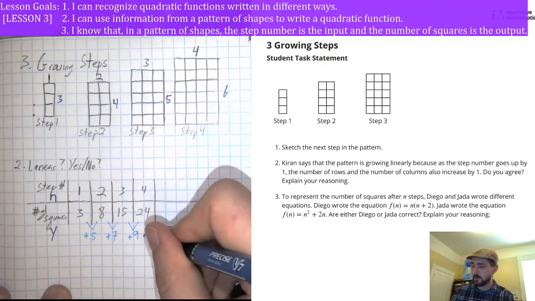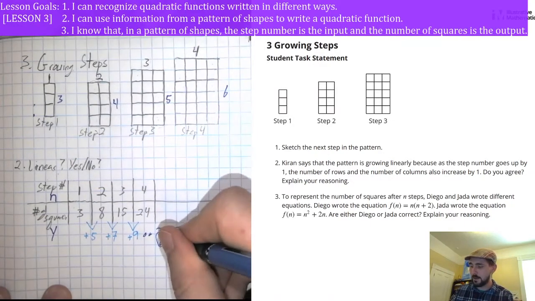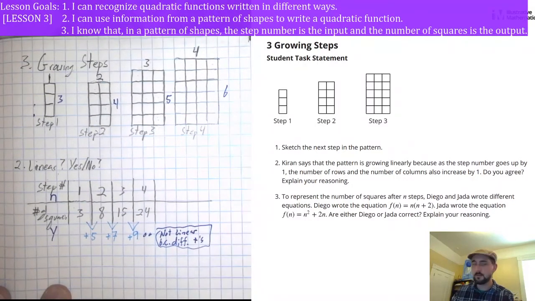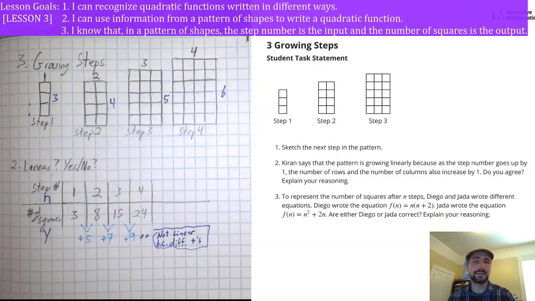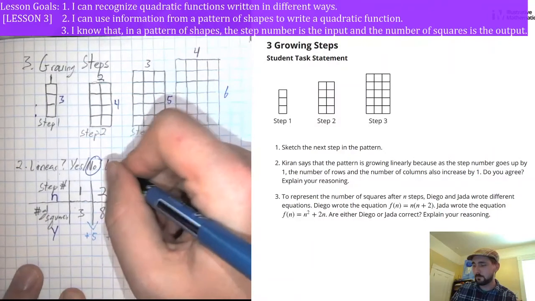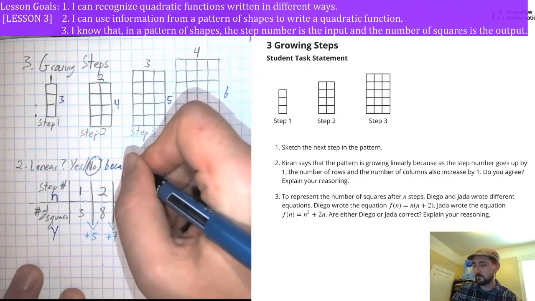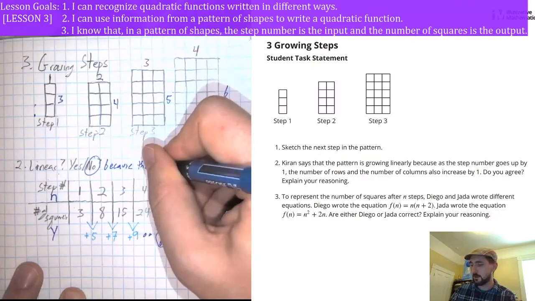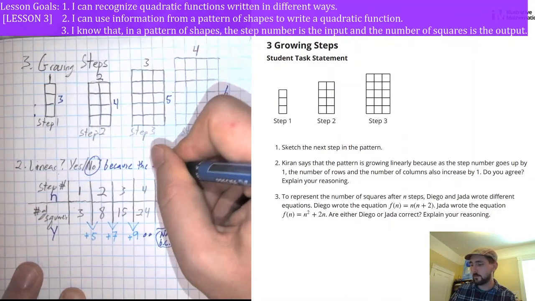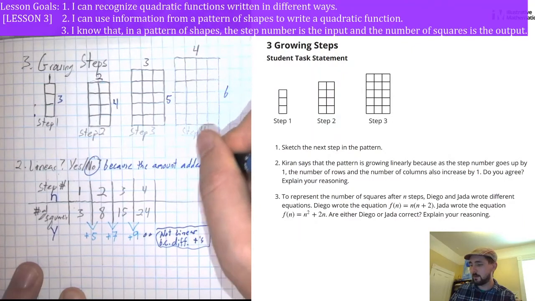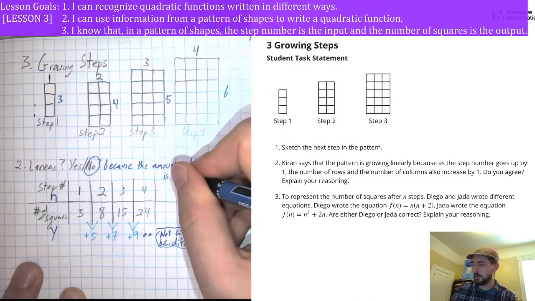So not linear because different amounts being added. Bummer. So I would say no. Because the amount added is changing.